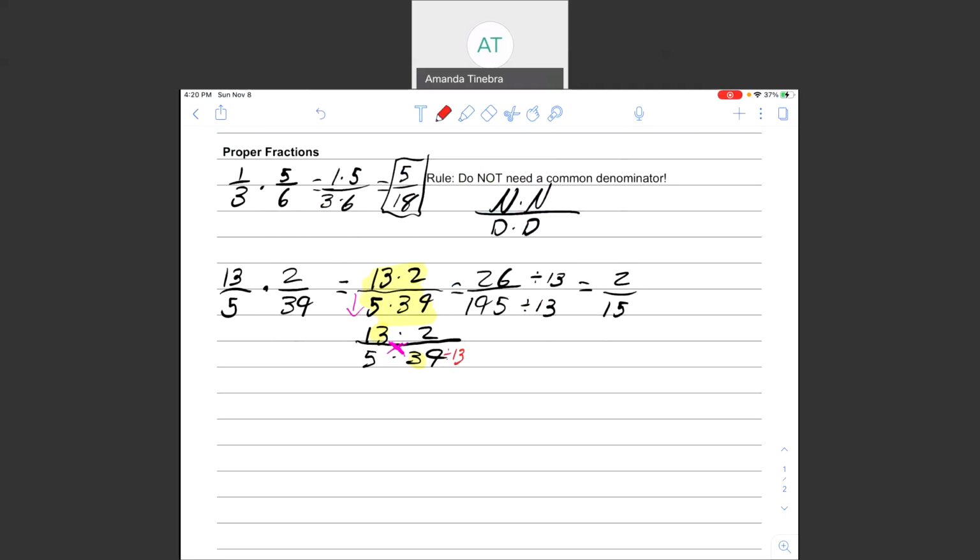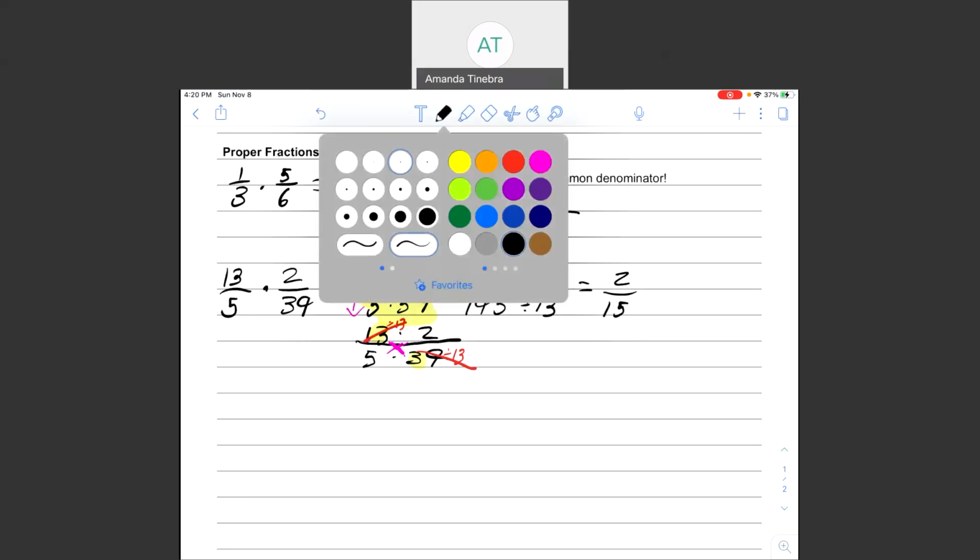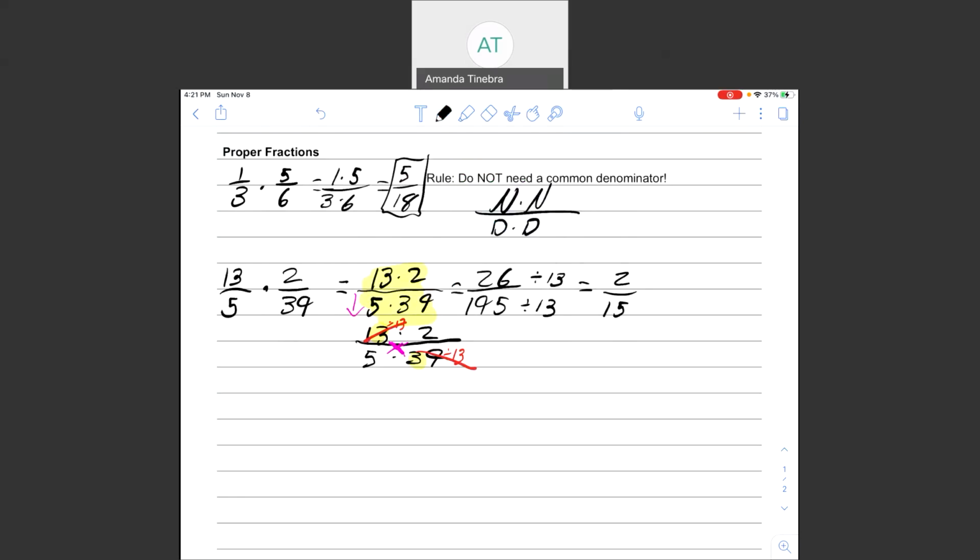So before I do anything, I can divide these both by 13 and replace them with a new number. Since I'm dividing on the top and the bottom by the same number, this will be the same answer. 13 divided by 13 is 1. 39 divided by 13 is 3.